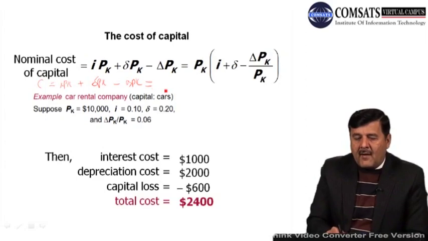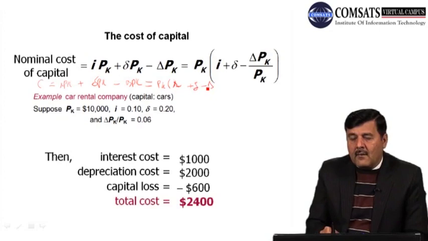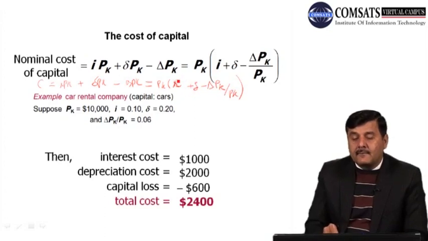Now if we take PK common from here, we are left with i plus lambda minus delta PK, divided by PK. Because this did not have PK terms, you have to multiply and divide this by PK, so that it becomes right.